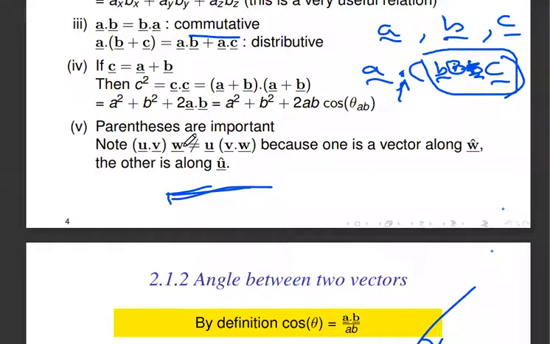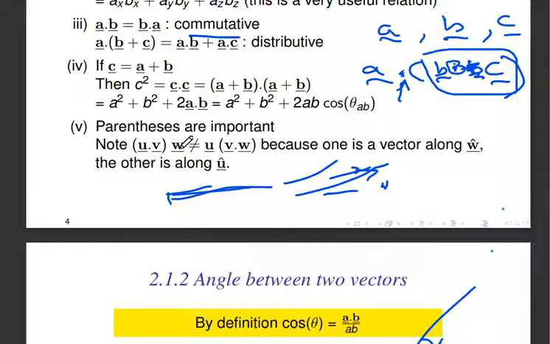We don't know the direction, either this way or that way, but it is along w.